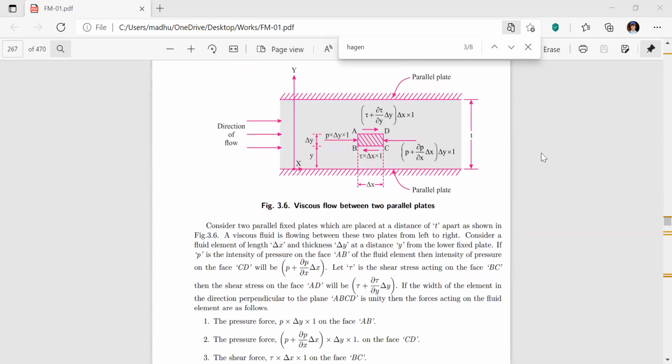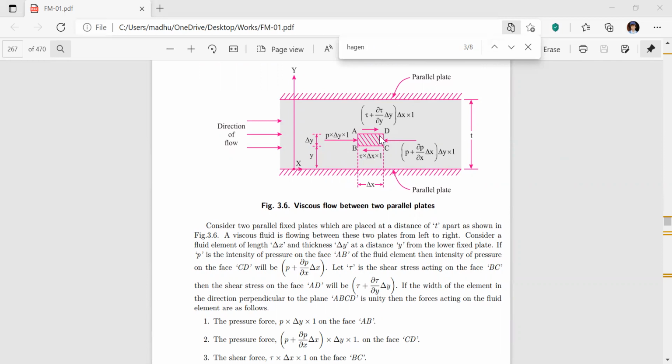Now, as I told you, we have considered an element ABCD, and P into delta Y into 1 is the pressure force on the left hand side on the face AB, and P plus dP by dx into delta Y into 1 will be the pressure force on the face DC.